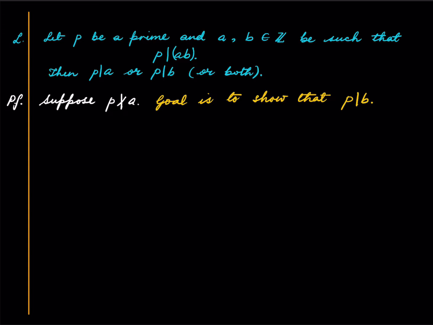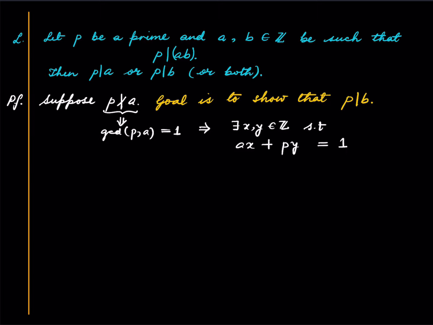Now since p is a prime and p does not divide a, this implies that the GCD of p and a is 1. This is what we just saw, that p and a are relatively prime, and therefore there exist integers x and y such that ax plus py is 1. Okay, so far so good.